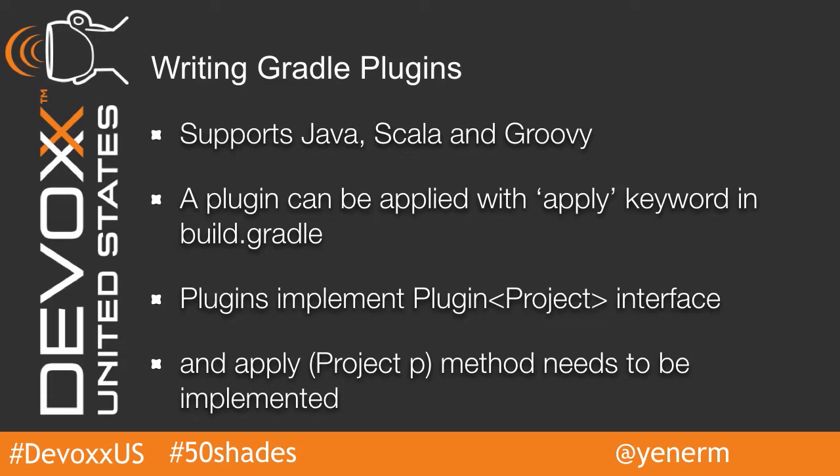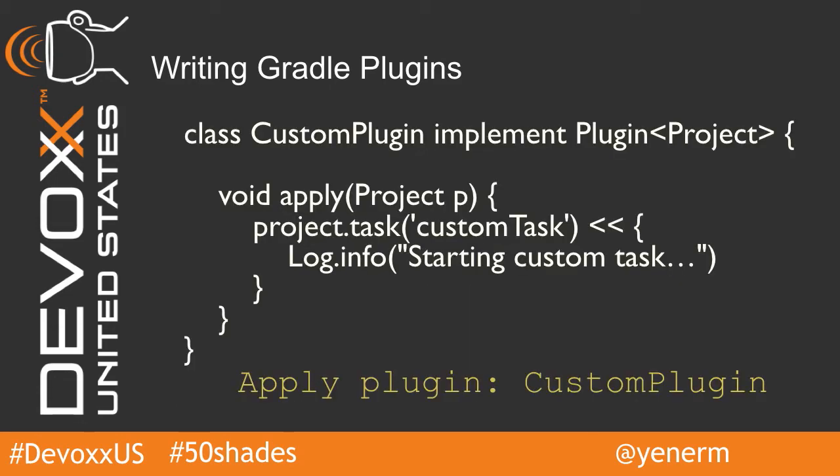The plugin you wrote can be applied with the apply keyword inside build.gradle. Each plugin needs to implement the Plugin<Project> interface, which brings the apply method, and then you can implement your code. A very simple Gradle plugin will look like this.